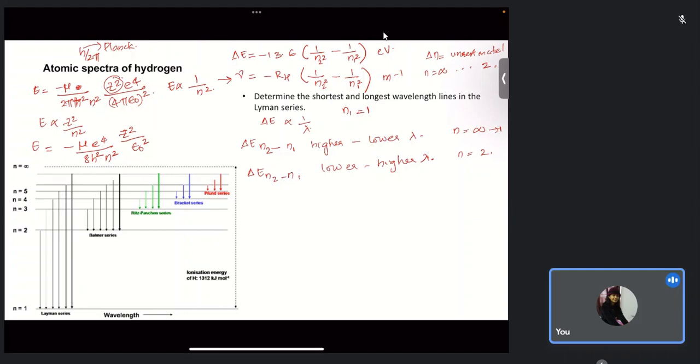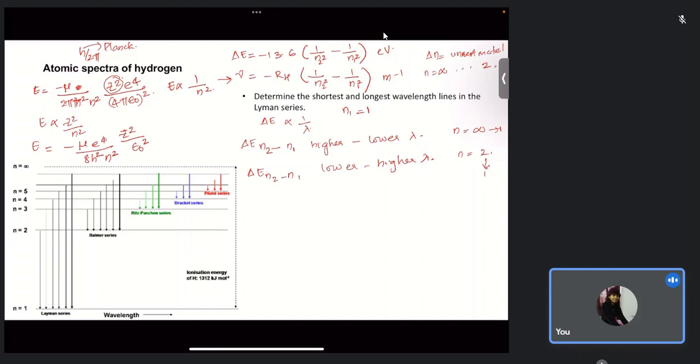For the longest wavelength, the transition is between n equal to 2 and n1 equal to 1. So let's start the calculation.